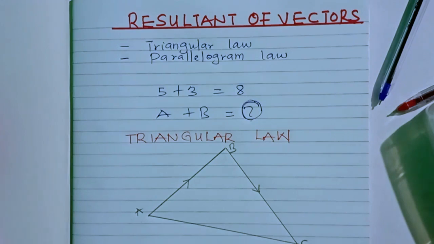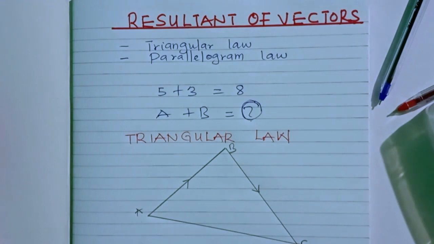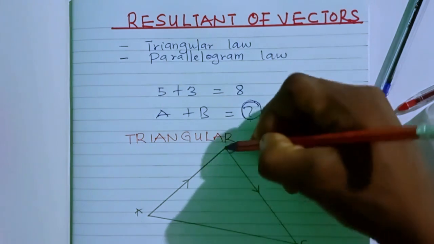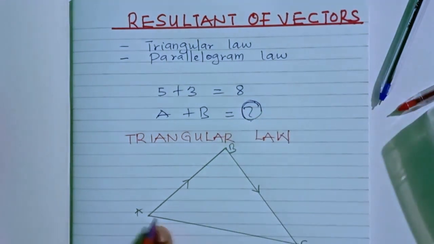Now take note that when you are drawing the vectors, the head of one will be the tail of the other one, or where one ends is where the other will begin. So this one is going to this side, it ends here, then the other one will begin from there. The third side of the triangle is called the resultant.